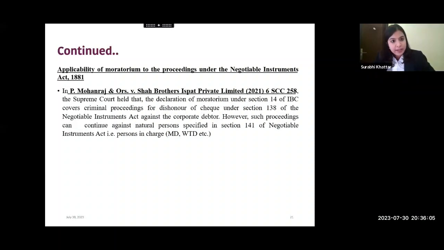Against the company, the moratorium will come into play and 138 proceedings against the company will be stayed. However, if there is a promoter or a whole-time director of the corporate debtor against whom any such proceedings are pending, then those proceedings against the promoter or the director will continue and will not be stayed by virtue of moratorium under Section 14.